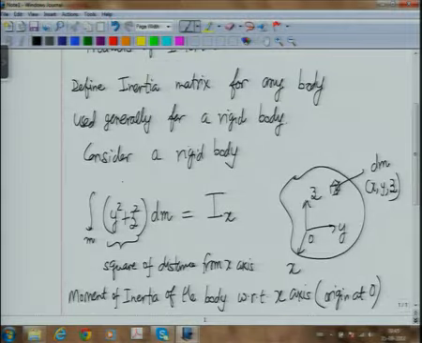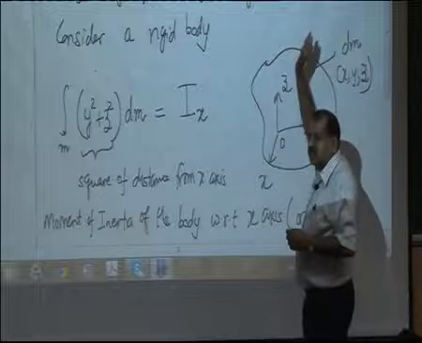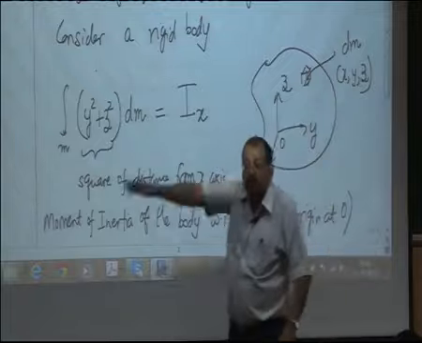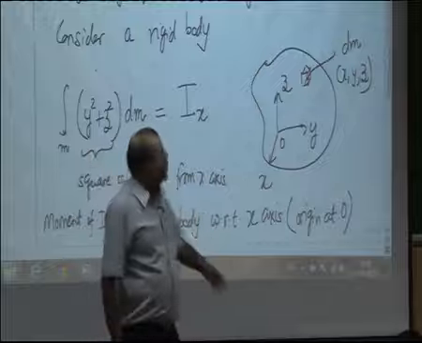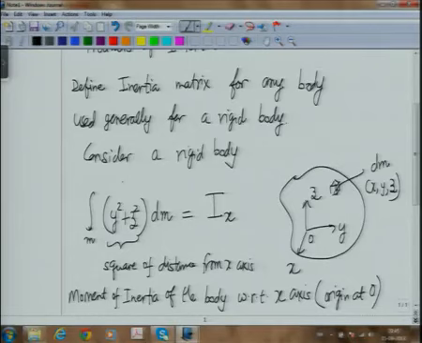I am stating this without proof. Basically, moment of inertia has to do with the angular motion of the body about the axis. It is some inherent quantity present in this body, which either resists or causes the rotational motion about that axis, and that is why the word inertia is in the name. So this is called the moment of inertia.